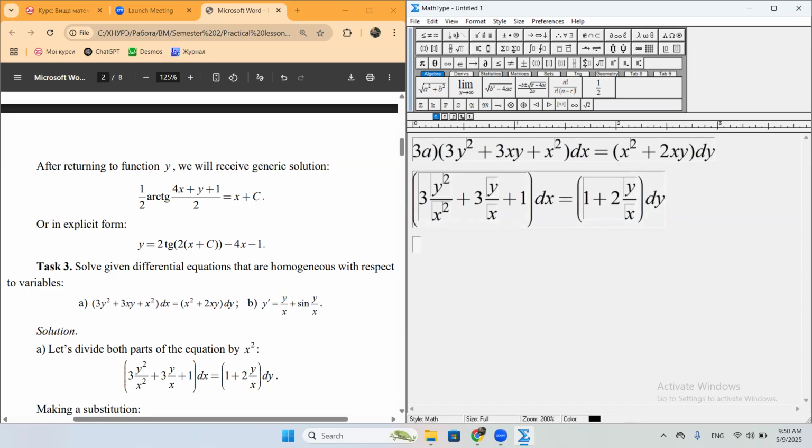And then we will do the following substitution: u equals y over x, and u is a function that depends on x.